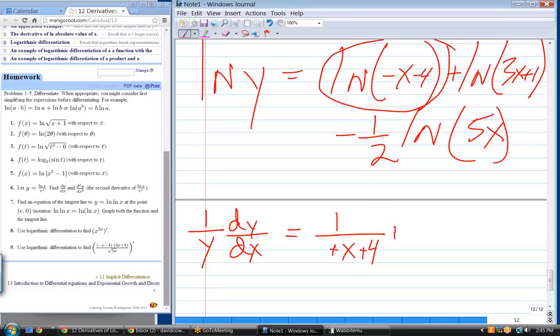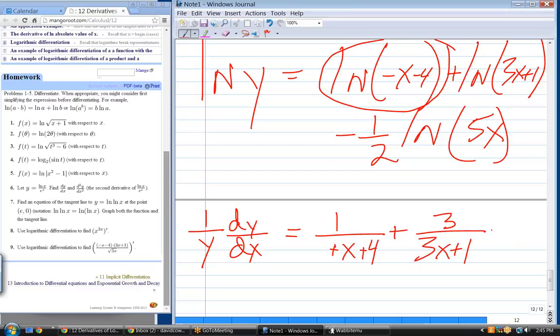How about the second term? What is that? 1 over 3x plus 1 times 3. So it's 3 over 3x plus 1.